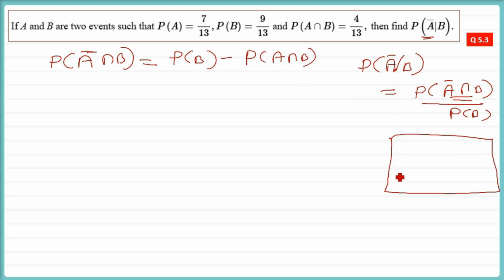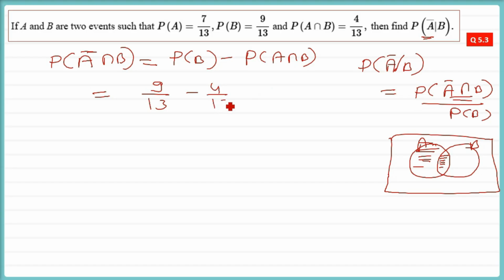If I want to show you using the Venn diagram, this is your A and this is B. Now you want the intersection of B with what is not A. Not A is of course B only, but you have to remove the intersection part, because there will be a part of A in A intersection B. So in all of P(B), you subtract the area of A and B intersection, because you want to remove all the parts of A that are lying in B as well. That is why P(B) minus P(A intersection B) is the formula which we are going to use in the upcoming questions also, so you need to understand it very well.